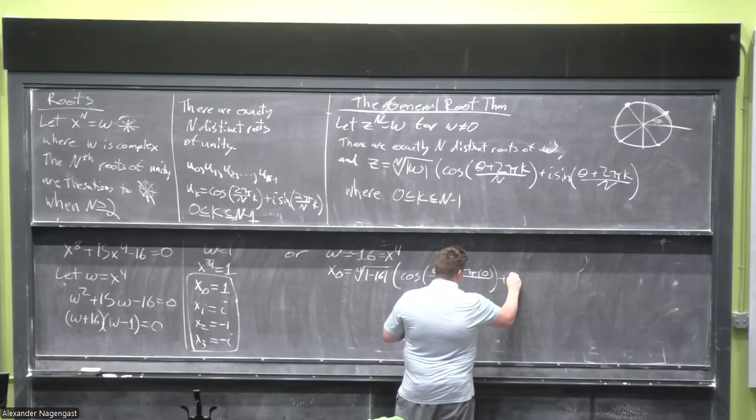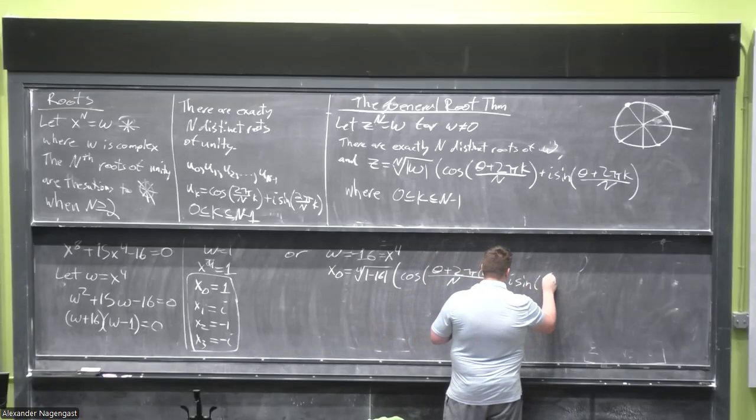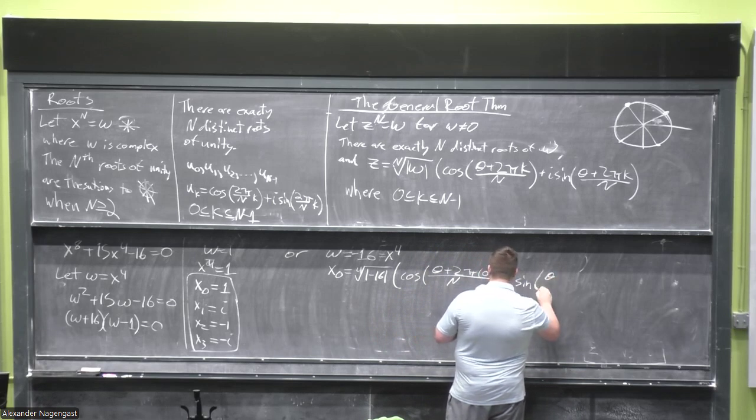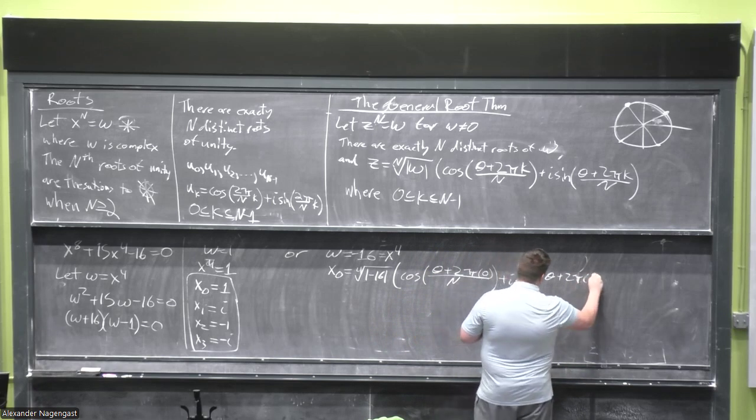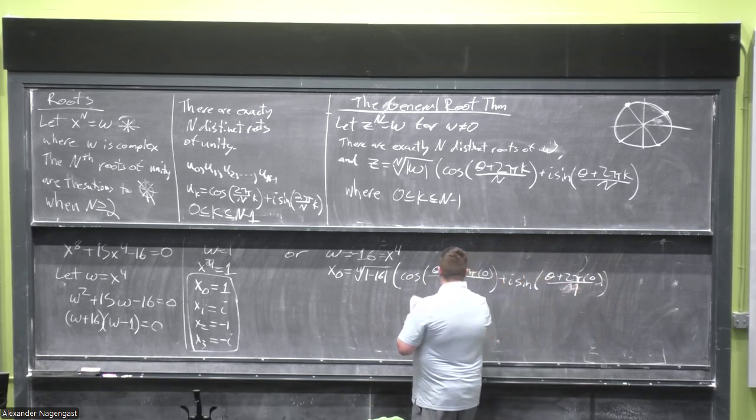Plus i sine of theta plus 2 pi times 0 all over n, which our n is 4, so let me just write that here.